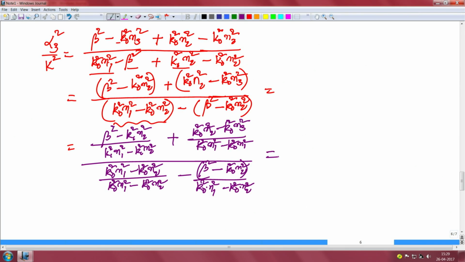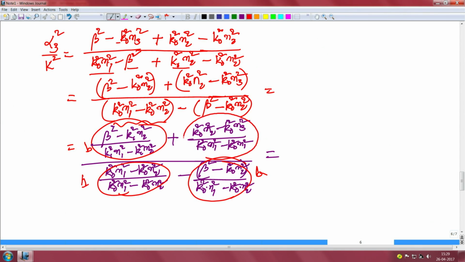Now, this is small b, the normalized propagation constant. This of course is 1, and we will call this some other arbitrary parameter a. So, this reduces to b plus a divided by 1 minus b.